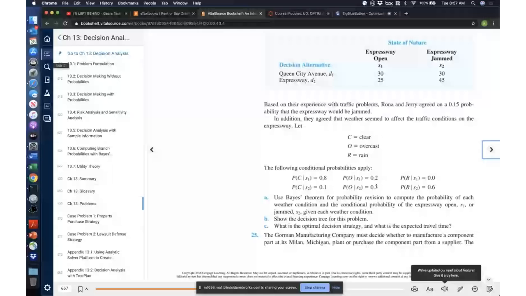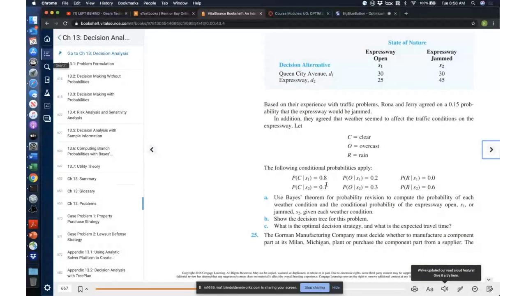There is a 20% chance that the sky will be overcast, but not raining. But whenever you notice that the expressway was jammed, there is a 60% chance that it was raining, 30% chance that the skies were overcast, and 10% chance that the skies were clear, right? It's probably because of accidents and whatnot. But anyway, these are the probabilities that you noticed.